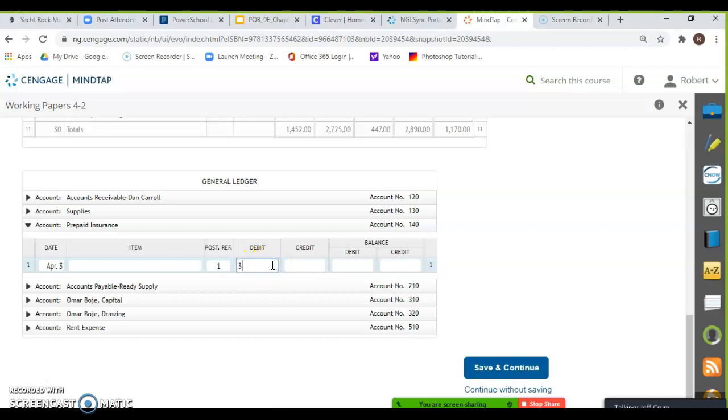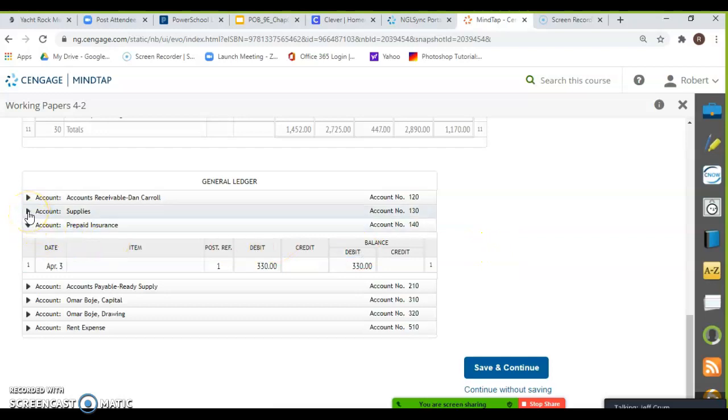The debit was $330. So they had the debit for the prepaid insurance. So now the new balance, because we had that debit of $330, before it was blank. So now the new balance is $330, and I don't think I did the balance for supplies.